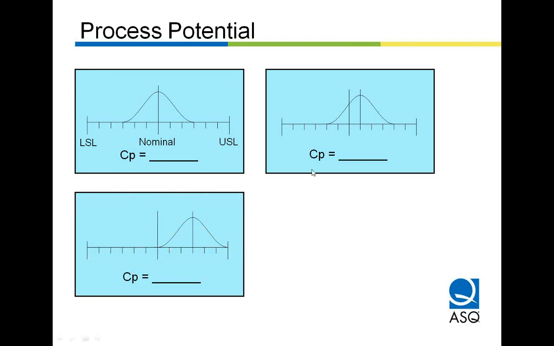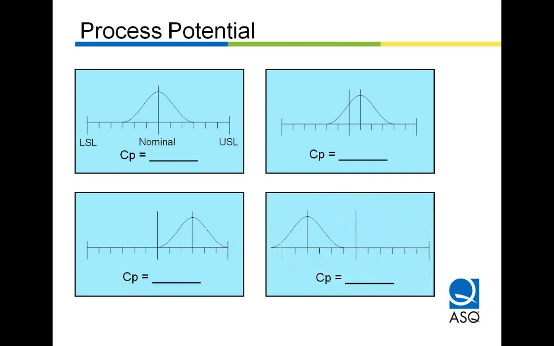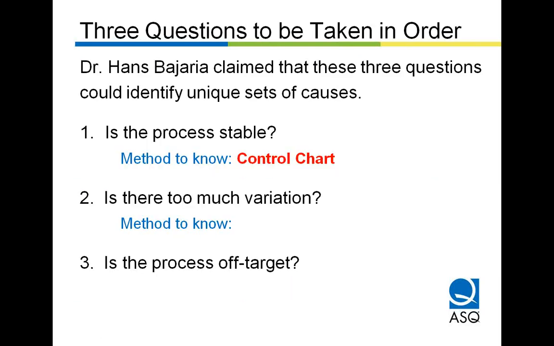I could be all the way over touching one of the tolerance limits, and the value for CP, for process potential, is still 2, or I could be making non-conforming product, and the process potential is still 2. So the question is, is there too much variation? The method to know is the statistic CP or its counterpart PP, and I'll talk about the difference between those in just a few slides. That is how we know.